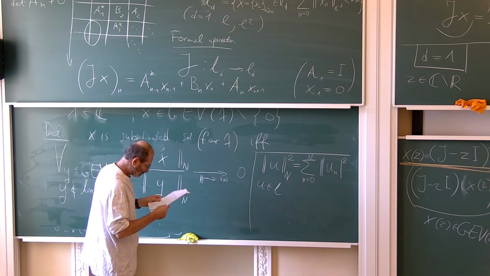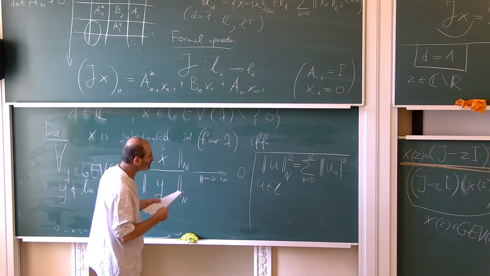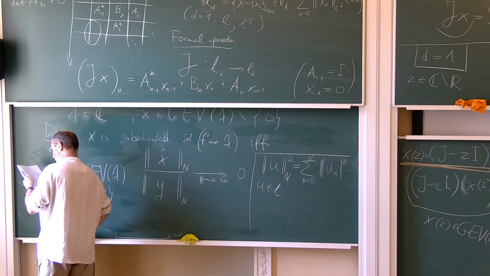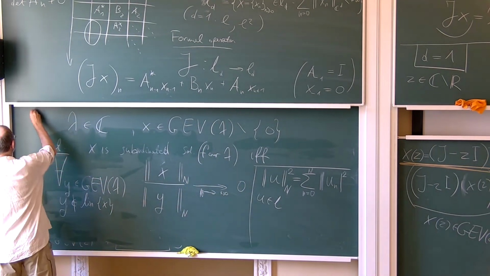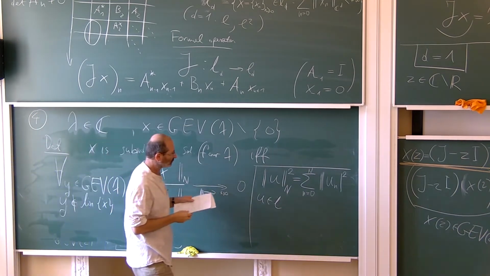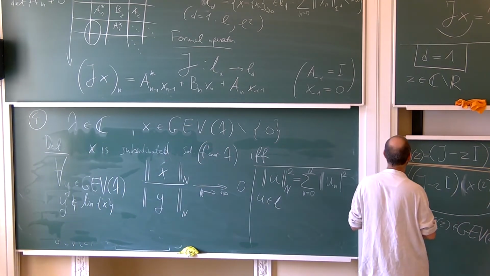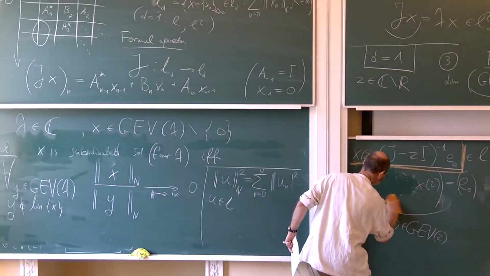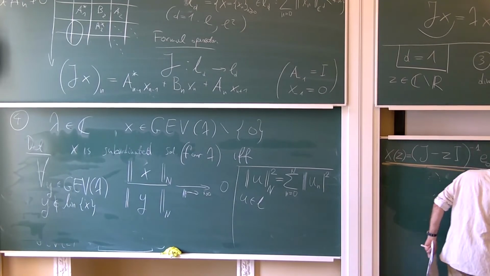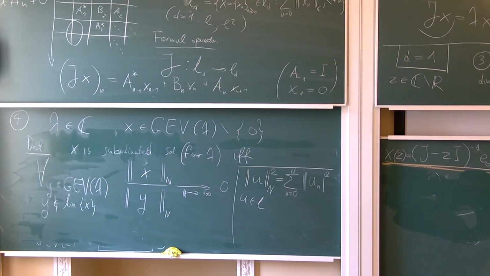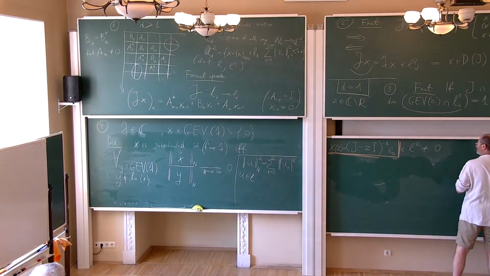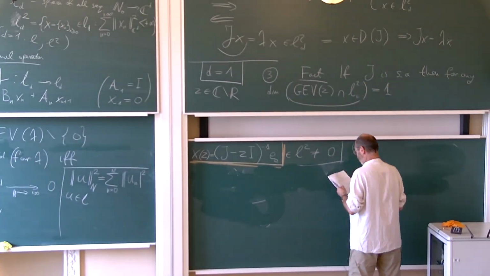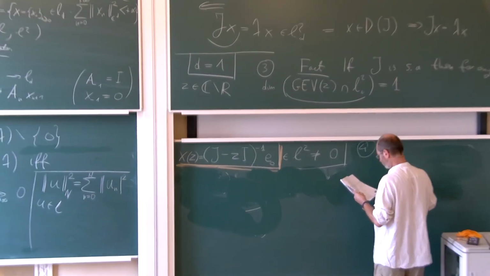Okay, and some properties of such solutions, subordinated solutions. It would be point 4, and now point 4 prime. Some properties.